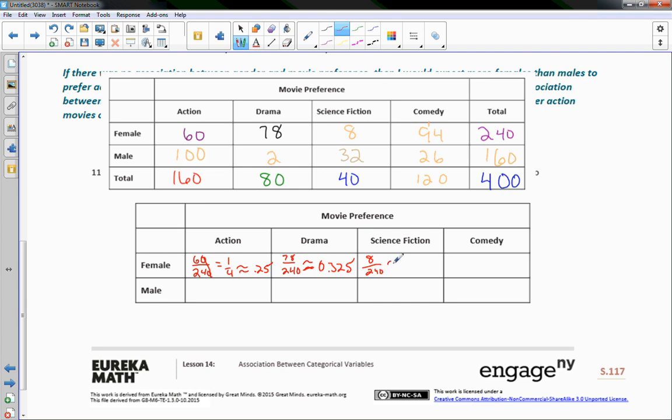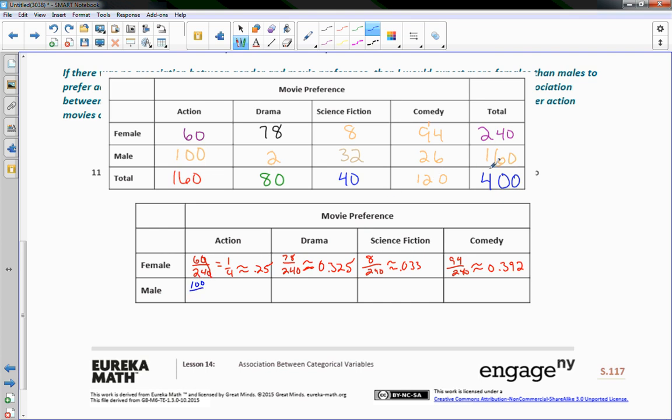Okay, so be careful with your decimal place. 1/3 is 0.033. And comedy is 94 over 240. And if I plug that into the calculator, I get 0.392.